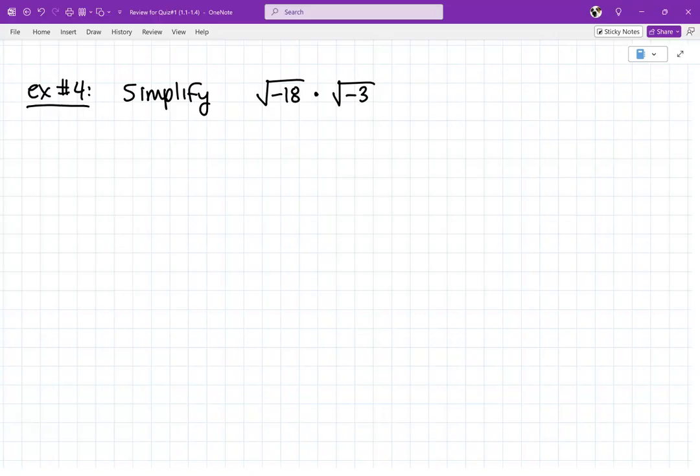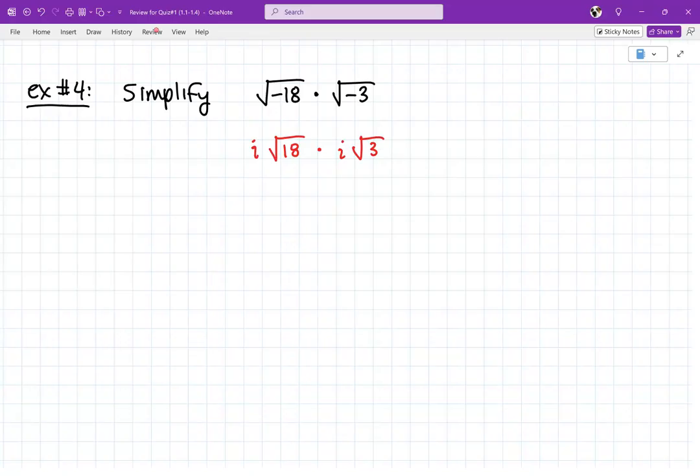Now, if you remember when I taught this to you, and if you don't remember and you don't believe me, go back and look at the video, okay? But I said this to you guys. If you see a negative in the radical, then take it out and you write i instead. So I'm going to write i square root of 18 times i square root of 3. Okay? That's what you're supposed to do immediately.